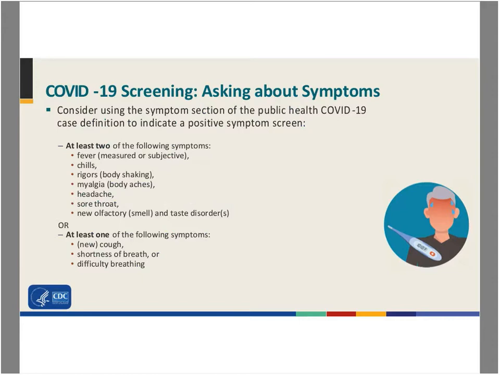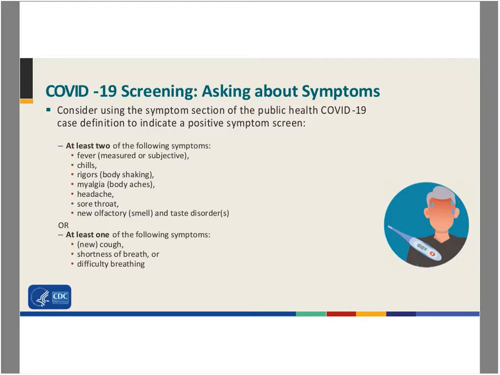Whereas for the less specific symptoms in the top list, you might want to consider requiring 2 of those before you have a positive screen. Although I do caution that fever by itself should probably be considered a positive screen, since no one with a fever should be let into the workplace in general. But for some of the other things like a headache or a sore throat, you might consider needing another symptom.